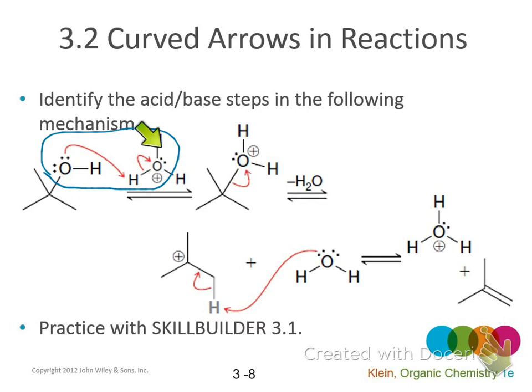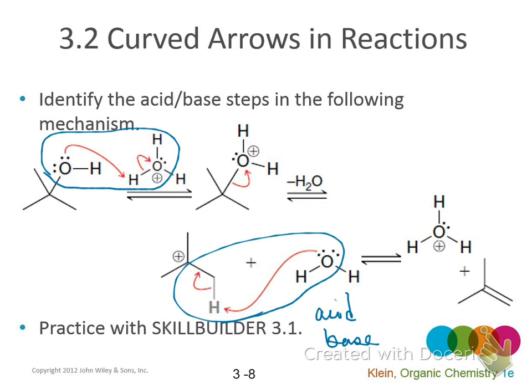So you'll see it gets used up here in this step, and then it's reformed in this step. But this is also an acid-base step. Yeah, it is. So those two steps that are circled are acid-base, and the thing in the middle is called the loss of the leaving group.